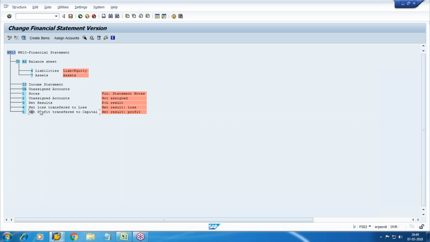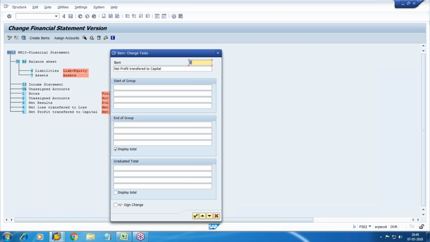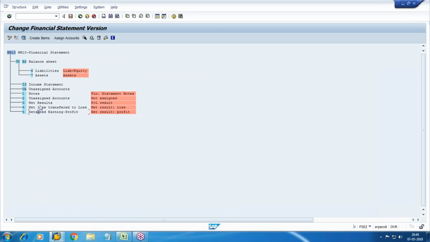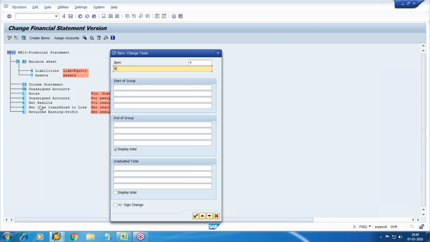Or we can name it in a different way. We can name this as retained earning profit. Retained earning loss.